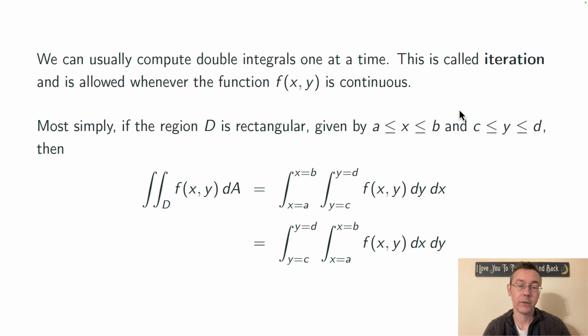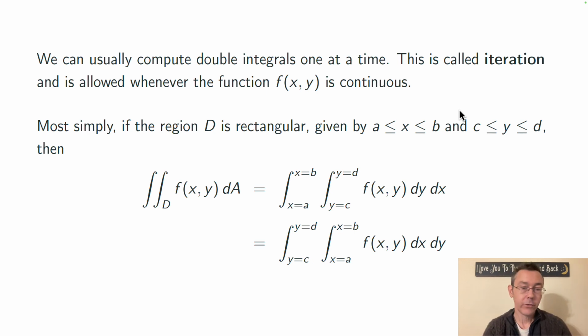The order doesn't particularly matter for rectangular regions. So if you're integrating with respect to y first, you integrate from y equals c to y equals d of f of x comma y dy, and then you take that result and integrate it with respect to x from x equals a to x equals b.